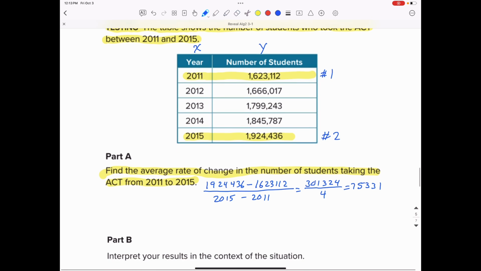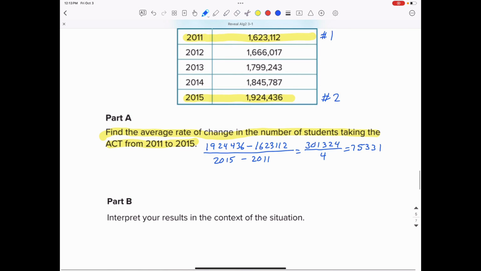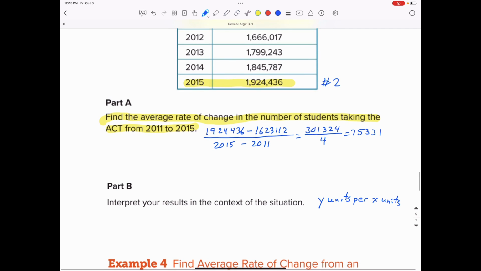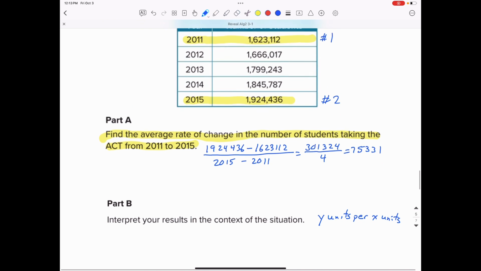What does that mean? Because that's what part B is: interpret your results in the context of the situation. So we need to give this a label. Typically, when you give it a label, it's going to be y units, whatever they're counting, per x units. So we got an answer of 75,331. The y value was the number of students.